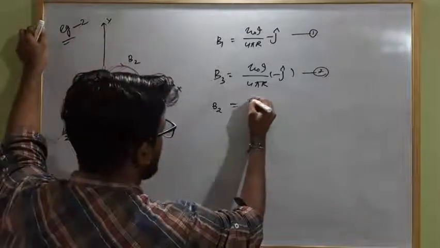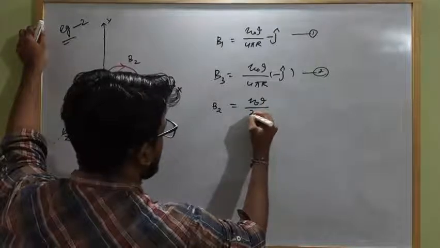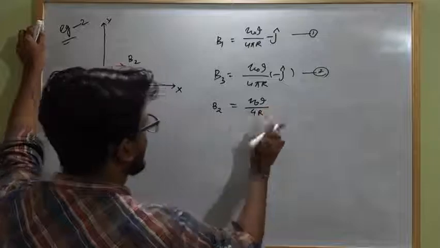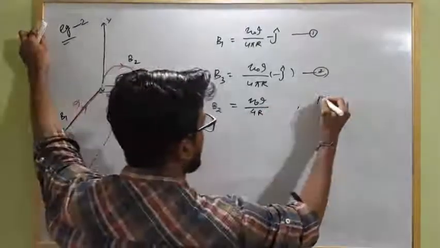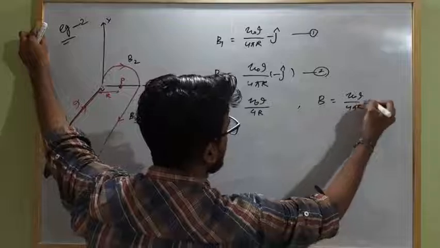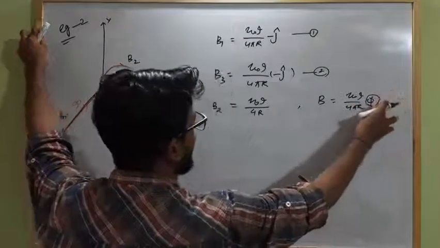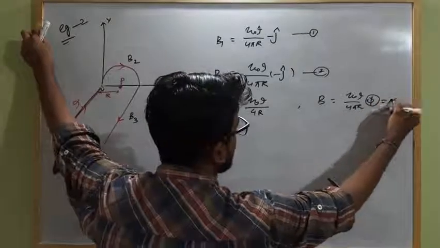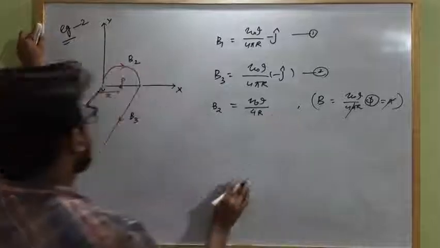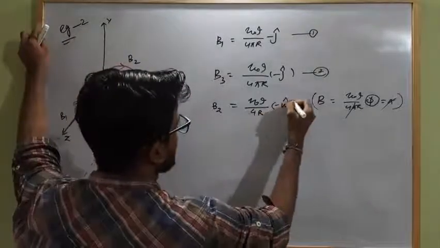So we already know for a semicircular arc, the strength will be mu naught I by 4r. As for any circular arc, it will be mu naught I by 4 pi r into phi. Due to a semicircular arc, the value of phi, the angle made by the arc at the center, will be how much? Pi. So pi cancels, mu naught I by 4r. And direction will be into the whiteboard, that means in minus k cap.